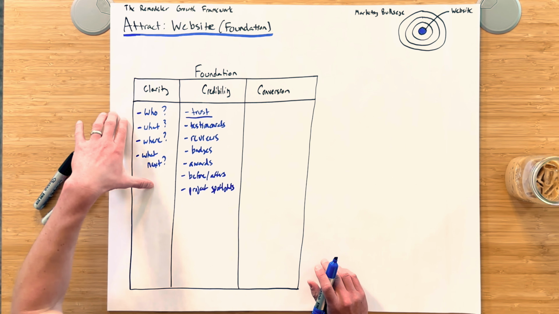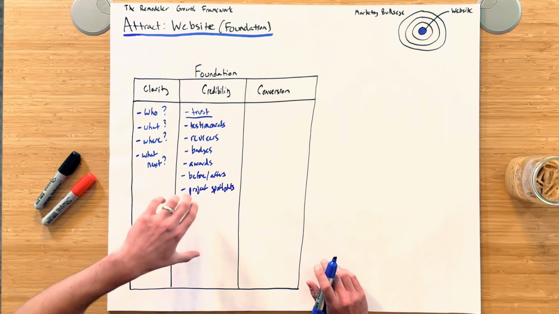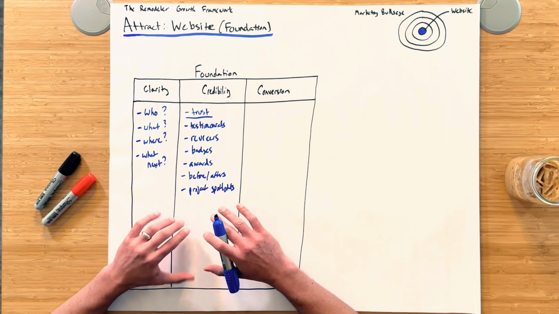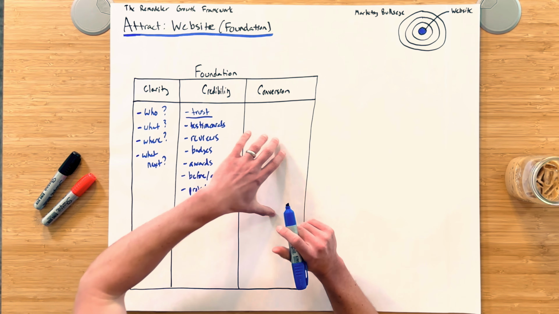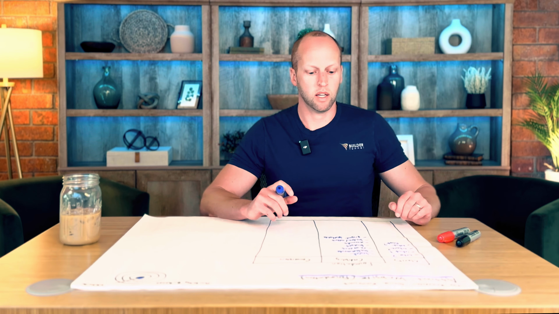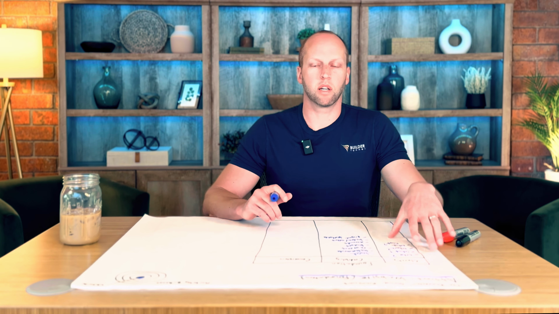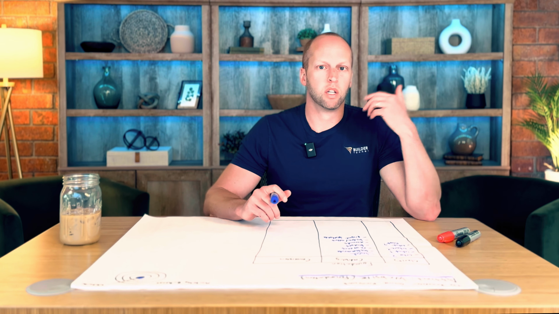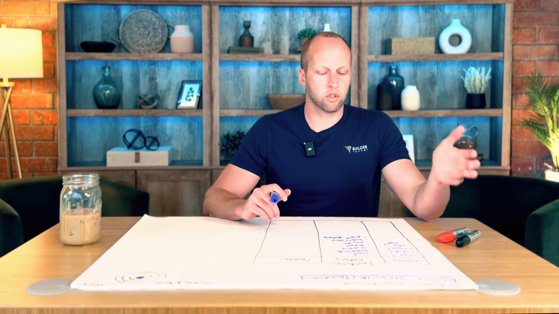Clarity is, am I in the right spot? Credibility is basically building up the likelihood that somebody does the what next and they actually convert, which we'll talk about here in a second. And so if somebody hits your website and they go, cool, it looks like they do kitchens, I want to redo my kitchen, they work in my service area, so that's great.